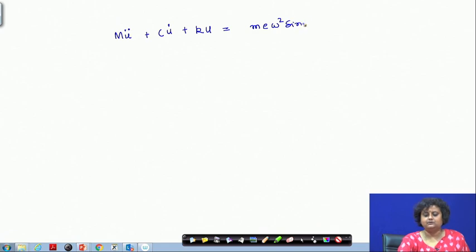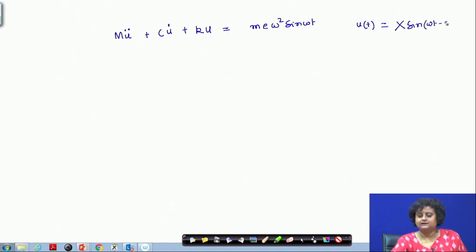So, how to solve this system? We just assume that the steady state solution is u(t), which is X sin(omega t minus phi).